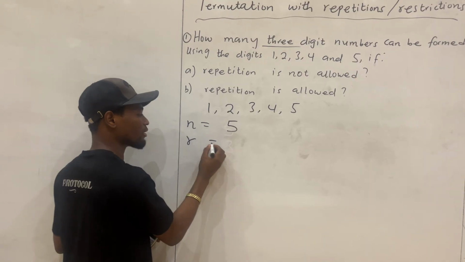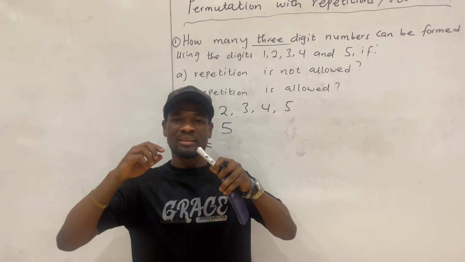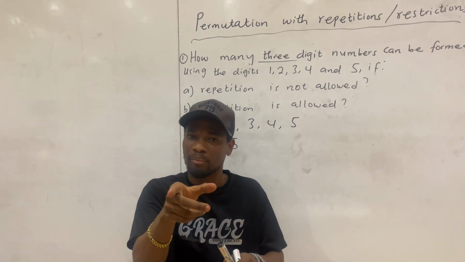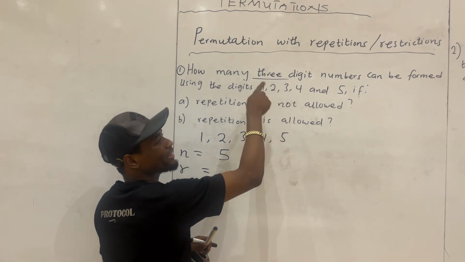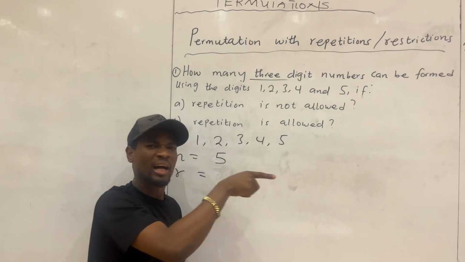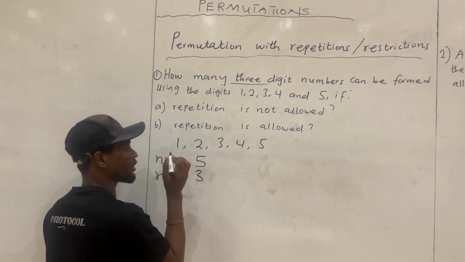Now what about r? R talks about how many we are taking at a certain time. So we are taking 3 digits at a time. That denotes r, so our r here is 3.